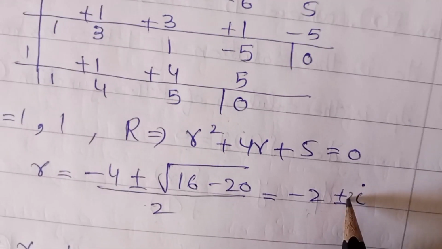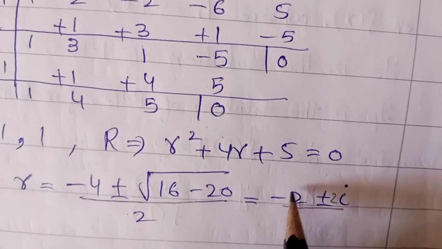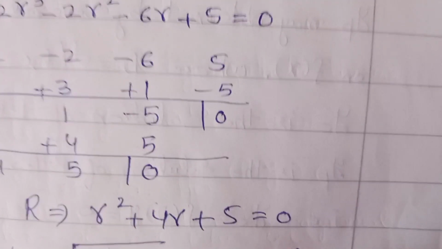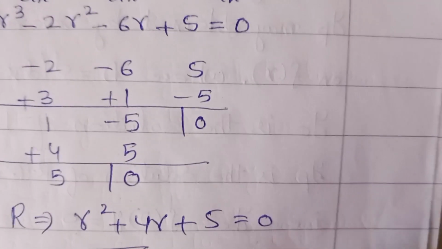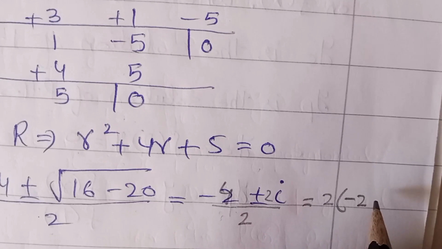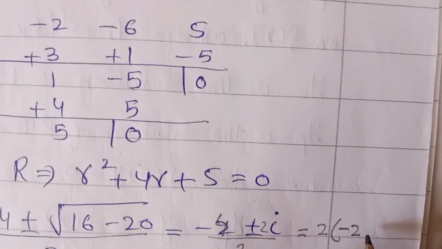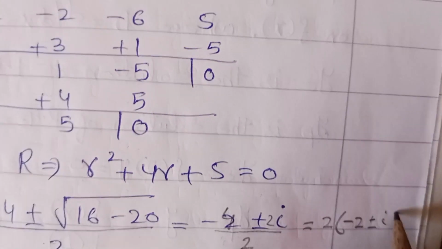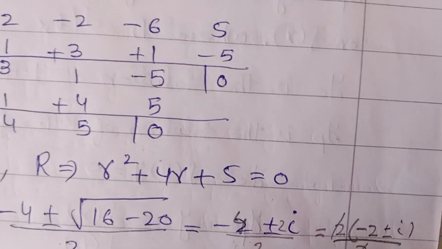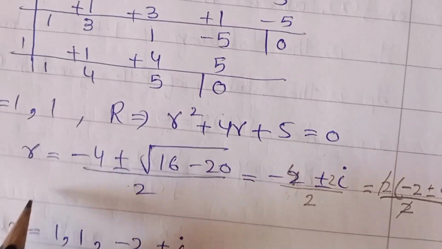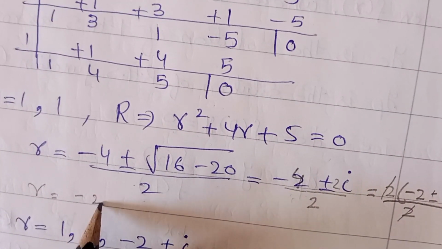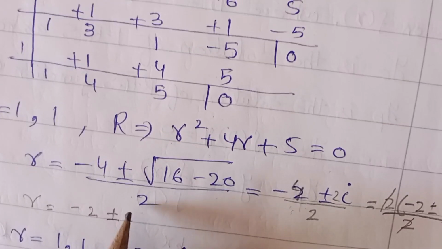That would be minus 4 plus minus 2 iota in the numerator, and the denominator is 2. Taking common 2 from the numerator, that would be 2 times minus 2 plus minus iota, whole divided by 2. This 2 will cancel out, so you will get r is equal to minus 2 plus minus iota.